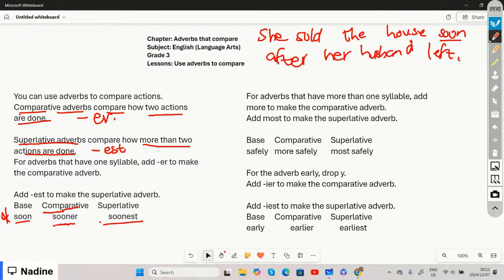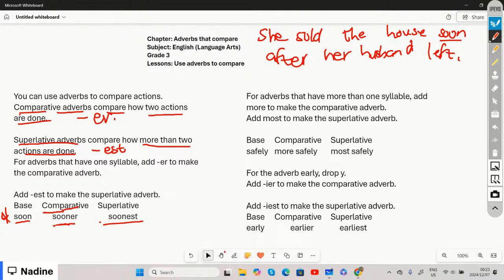All right. So we said when it comes to comparative adverbs, we add er, but when it comes to the superlative adverbs, we add est. And the superlative is soonest.